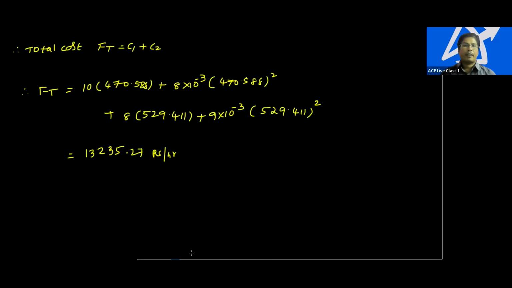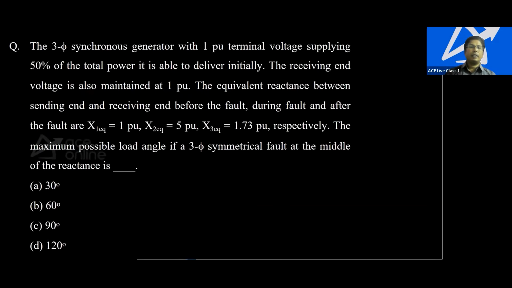One more question. In faults, a three-phase synchronous generator with 1 per unit terminal voltage is supplying 50% of the total power it is able to deliver initially. The receiving end voltage is also maintained at 1 per unit.